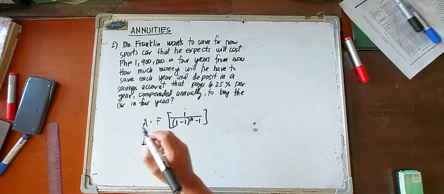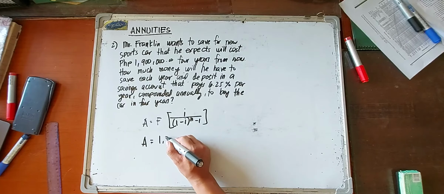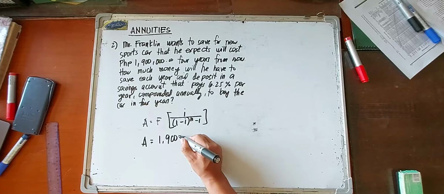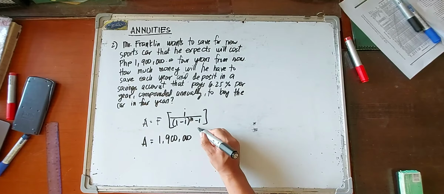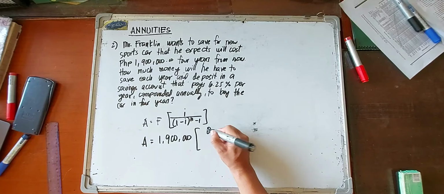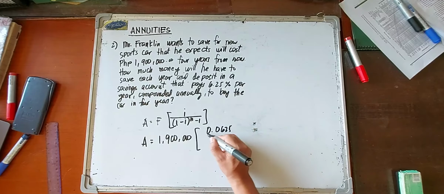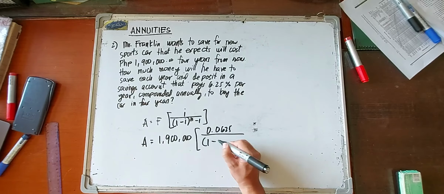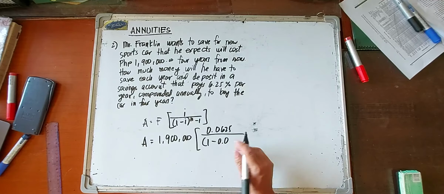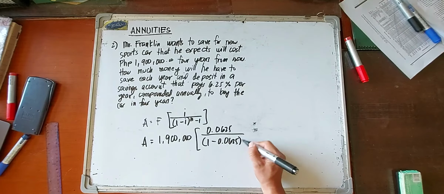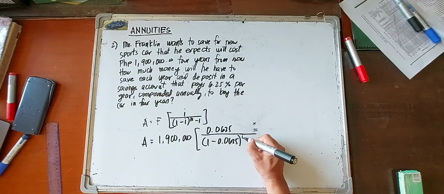Okay, so we have the future amount is 1.9 million. Interest rate is 6.25% for 4 years.